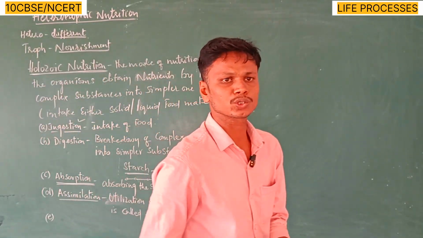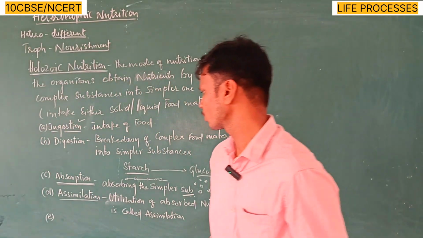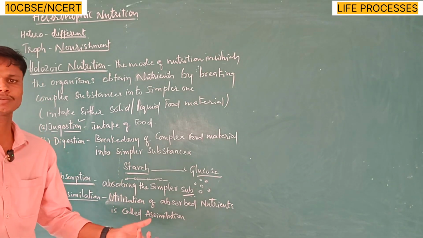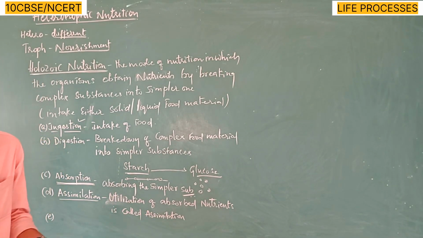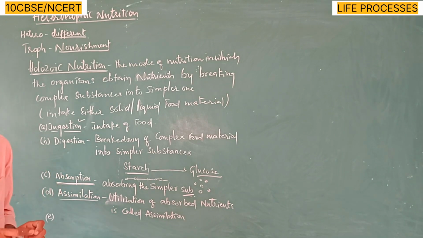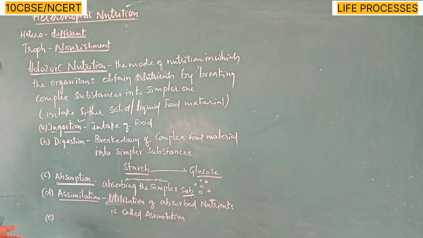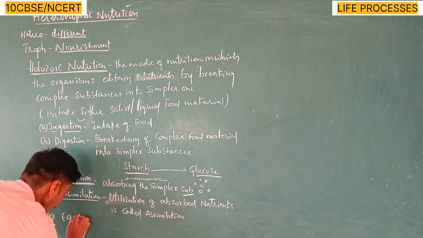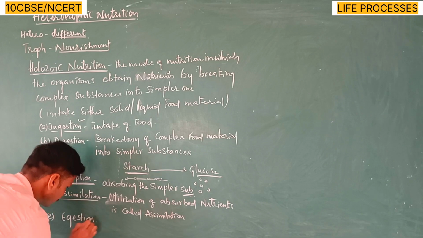The last stage of this holozoic mode of nutrition is this: you will have some undigested food material, no? What will happen to it? We cannot keep it in our body, or animals cannot keep it in their body, so it should be thrown out of the body, and that process is called egestion.